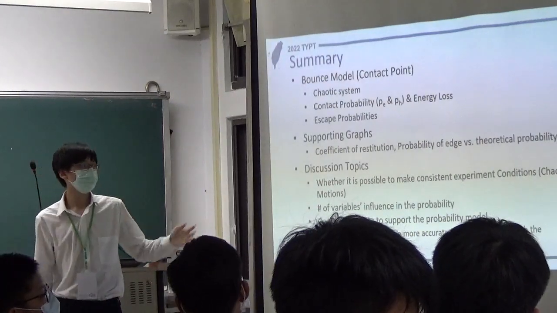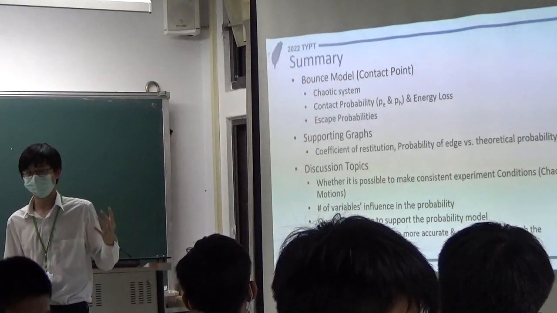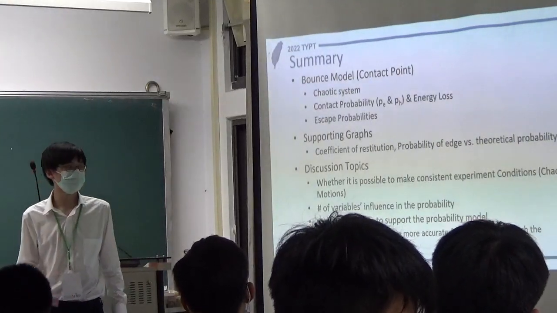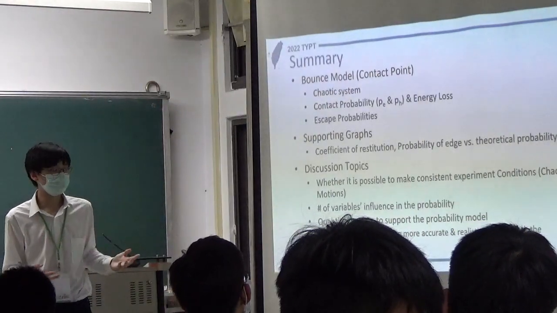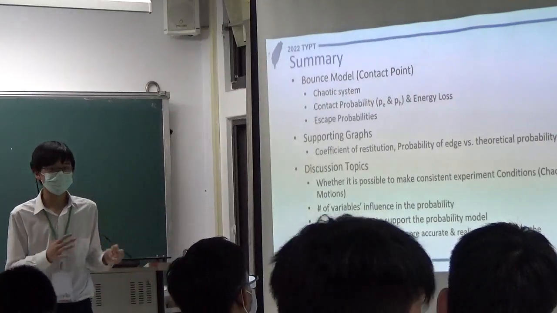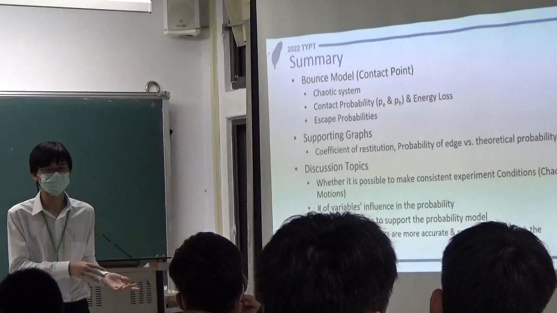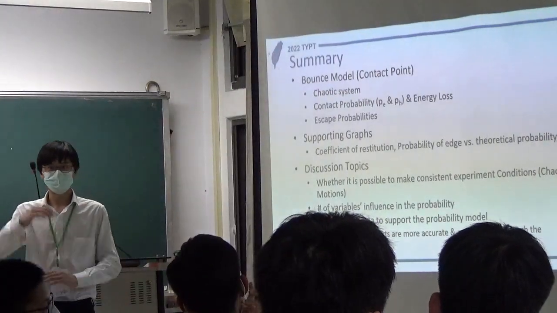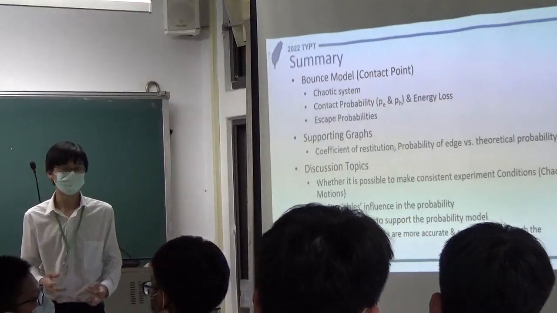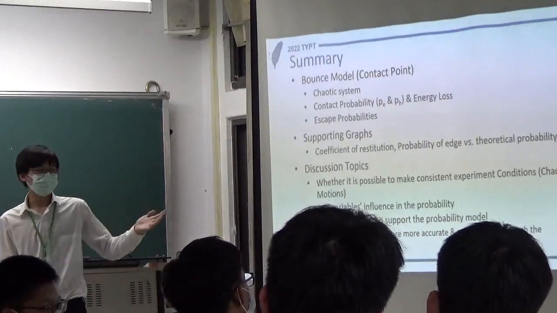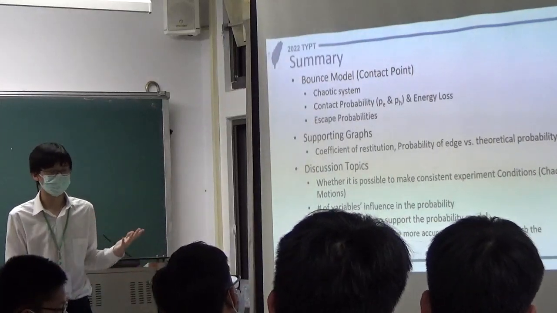And we discussed whether it was possible to make consistent experiment conditions, but because of the chaotic motion of the dice, that is actually how to ensure randomness of the die, because it is dropped from such a high initial potential energy. And the number of variables, due to chaos, can pretty much just be neglected.